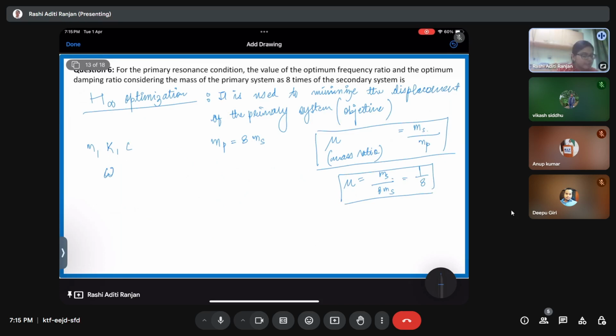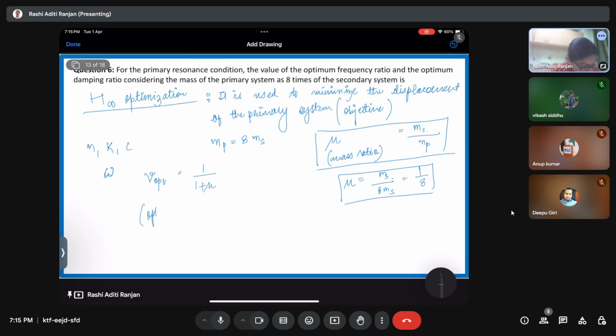So now I know the value of mu. Now, by the H infinity optimization, I have two equations that I already know from the literature. Firstly, I define the optimal frequency ratio as 1 by 1 plus mu.